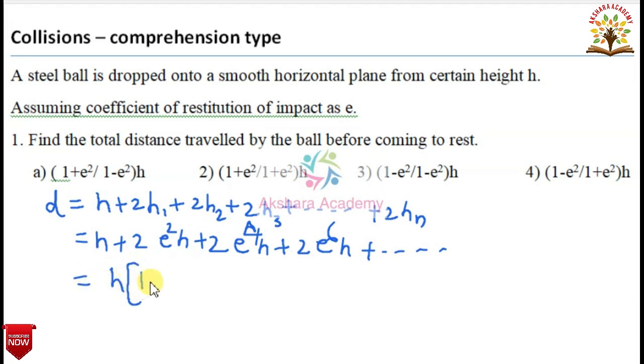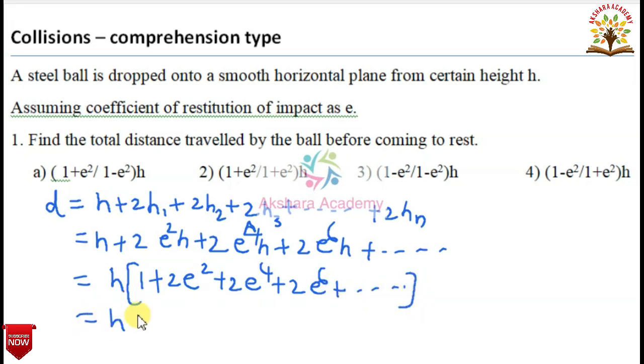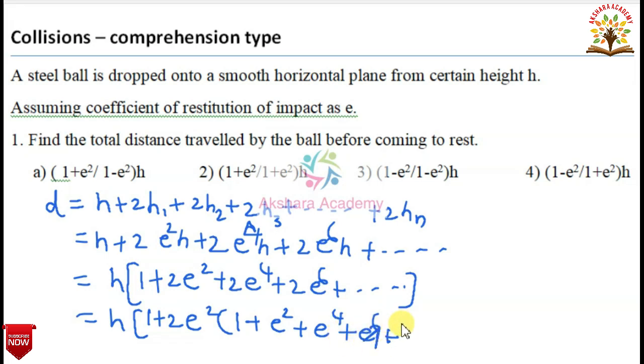We are taking common 1 plus 2 e square plus 2 e power 4 plus 2 e power 6 plus so on, that is equal to h of, again we are taking 1 plus e square common, 1 plus e square plus e power 4 plus e power 6 plus e power 8 and so on.